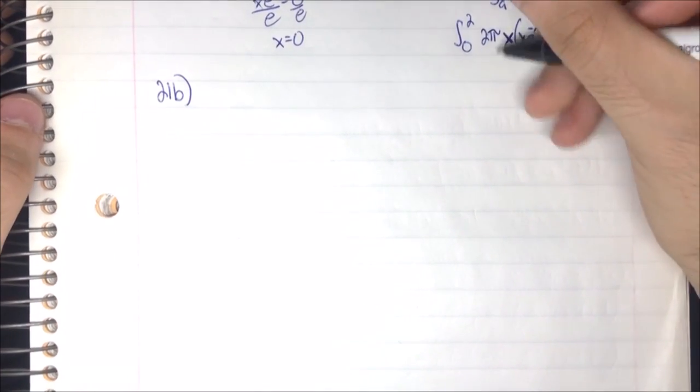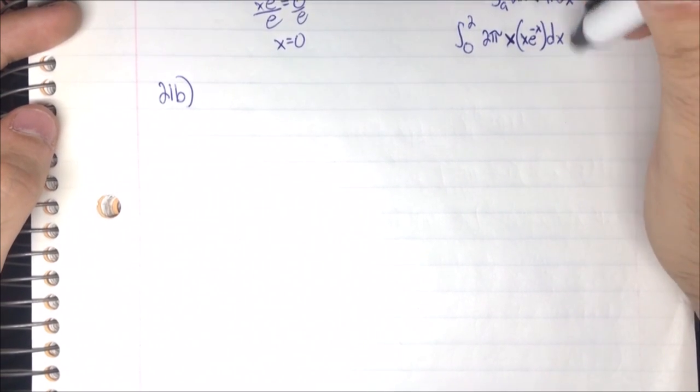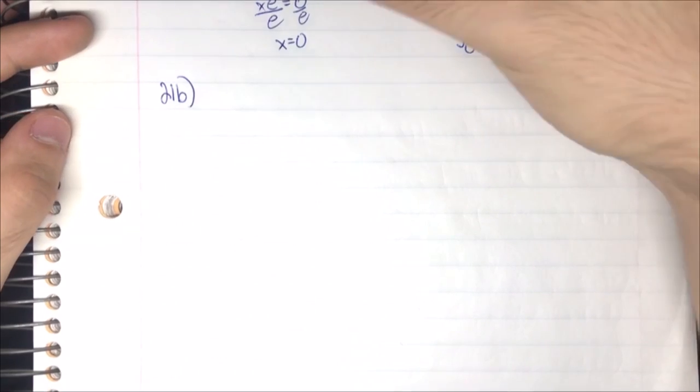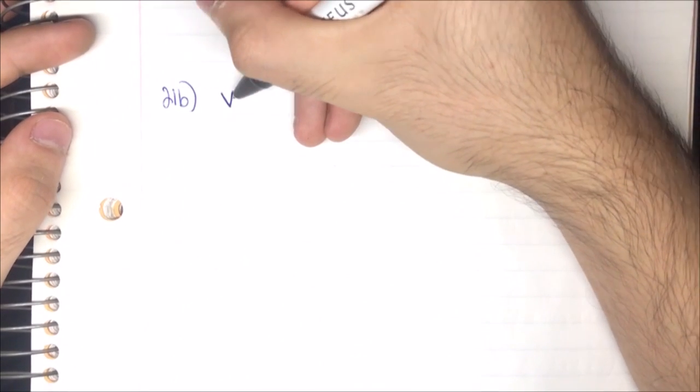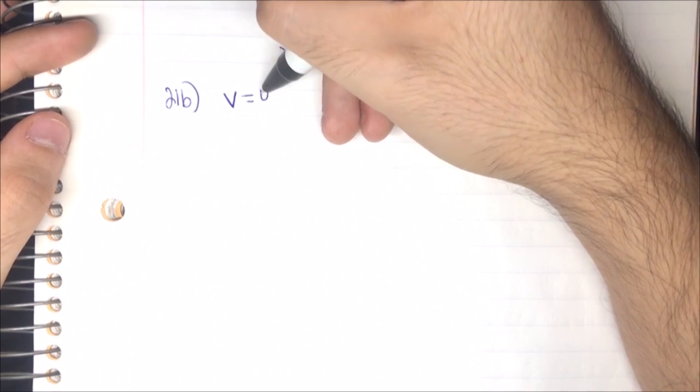Alright, so moving on to 21B, this is what we got for our answer last time. And I really am not sure how to do this problem, but you're supposed to do this. Volume is equal to, or wait, hold on.